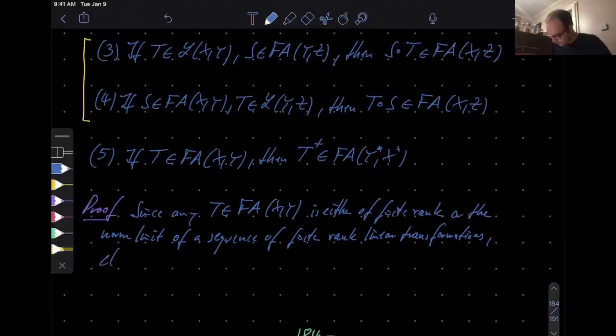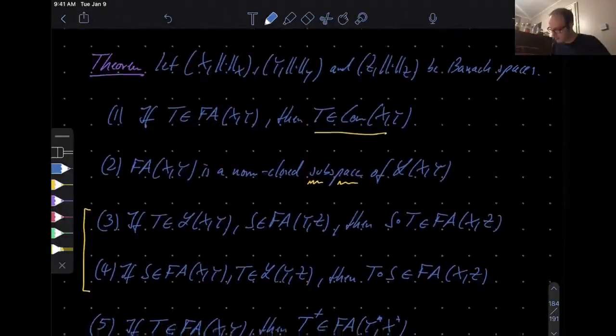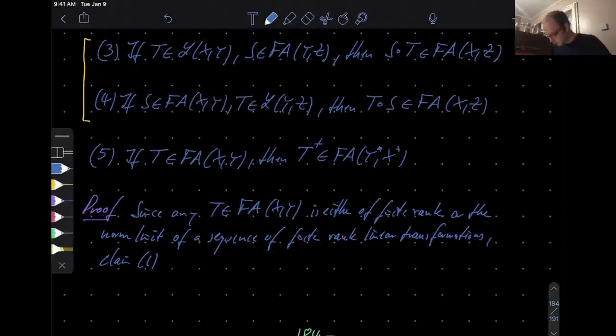Claim 1, that is that Fa is contained in the compact ones.